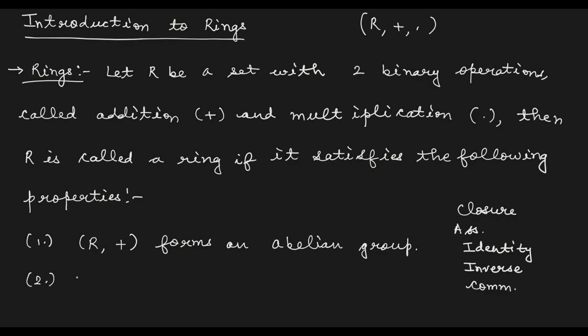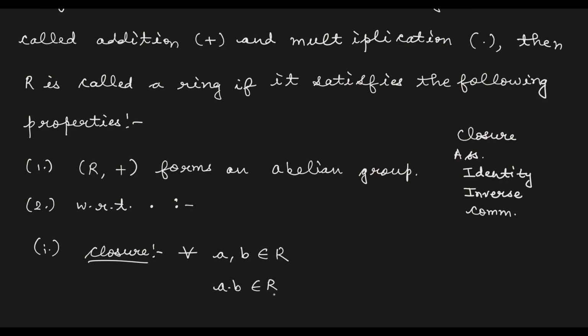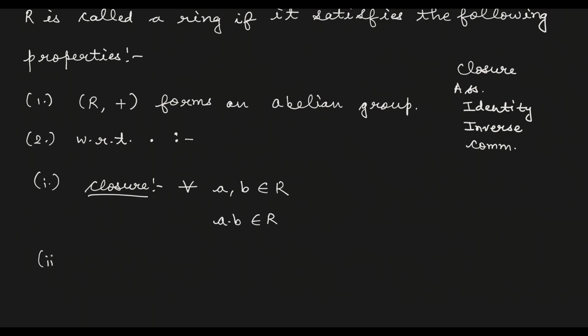Secondly, with respect to multiplication operation, firstly it should satisfy closure property. Means for all a, b belongs to R, a into b also belongs to R. Secondly, it should satisfy associativity.